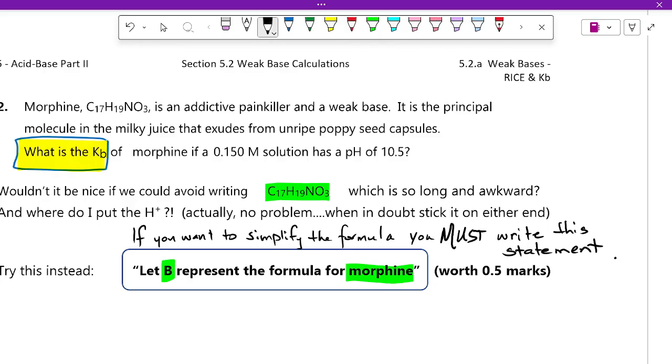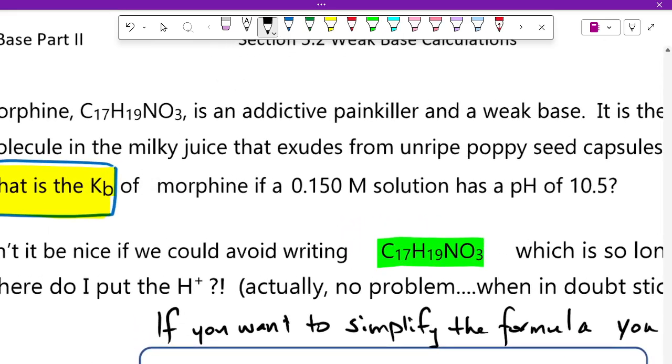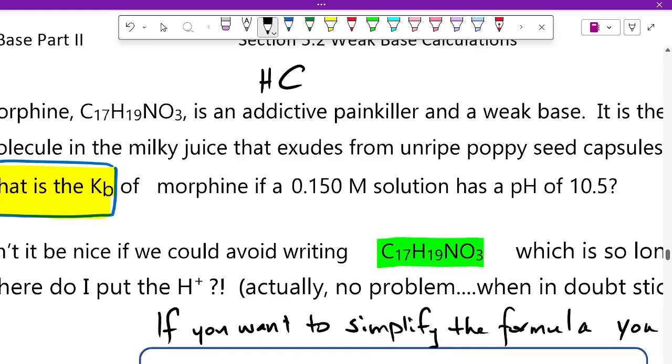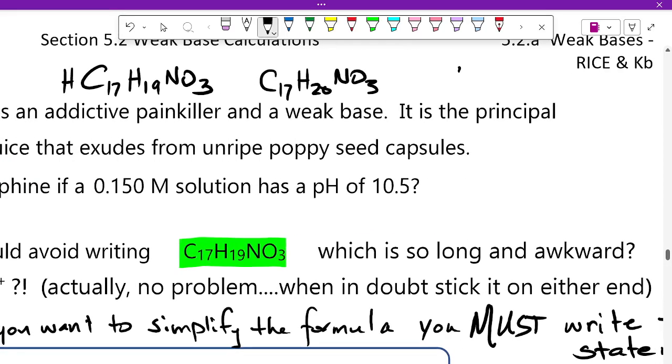And if you were wondering where the hydrogen would go, you could just stick it anywhere. You could say HC17H19NO3. You could say C17H20NO3. You could say C17H20NHO3. You know what I mean?